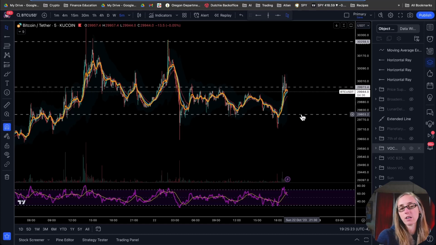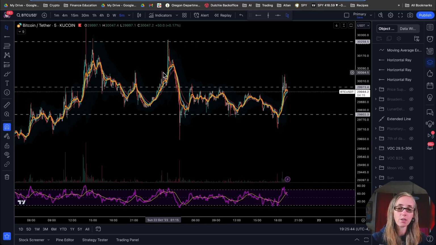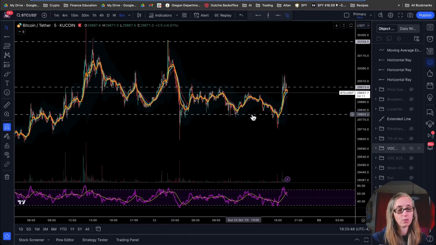So I call these void of course hot zones. When I apply these lines to my charts, I leave them on there indefinitely. I will delete ones that don't seem to be reactive over time, but I keep the ones that are consistently reactive. So you can see the price topped out here at this moon void of course hot zone, and then we came down here and we've held this other moon void of course period.